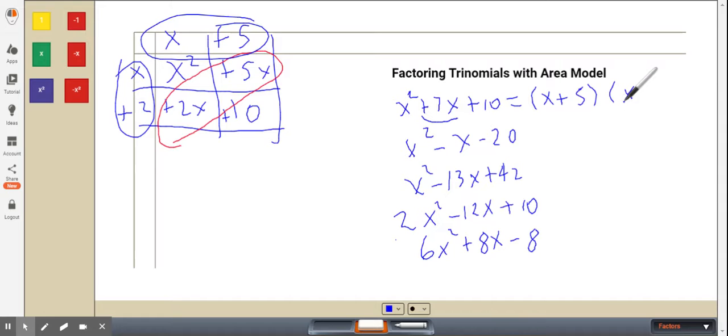Now, keep in mind that every time we are factoring these trinomials, we are playing with a quadratic function, with a parabola. And basically what we're doing each time is going from standard form to factor form here. Yes?